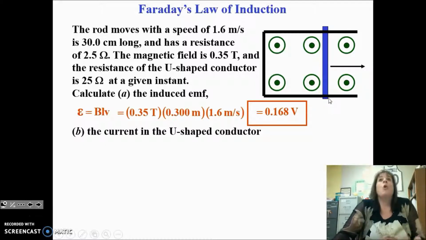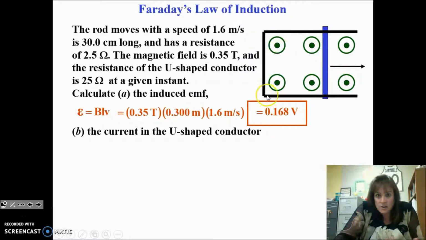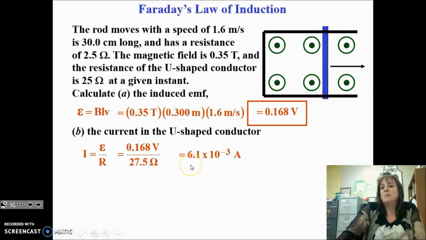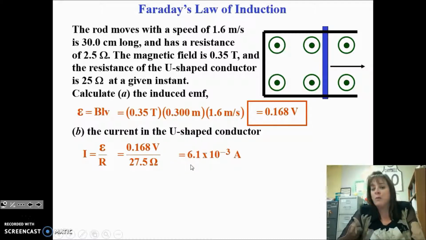So I need the total resistance, and there's no junctions here, right? The current is just running in this circle. So that means that these are in series. So I need to add together the resistances. So my voltage, 0.168, divided by the total resistance, 25 plus 2.5 ohms, will give me a current of 6.1 times 10 to the negative 3 amps, or 6.1 milliamps.